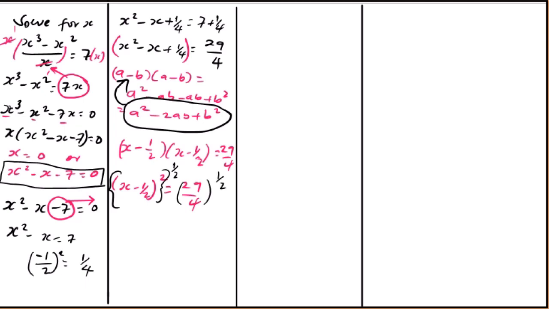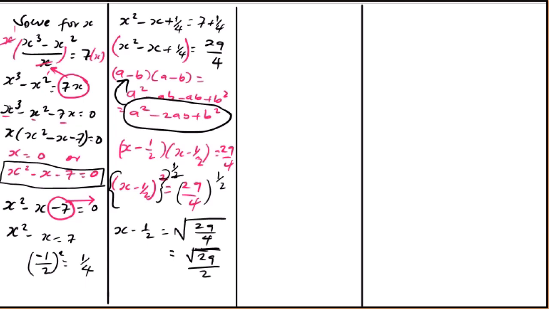So here we have x minus half equals 29 over 4 to the power half, which can be written as root 29 over 4. Which is now equal to root 29 over root 4, because there's no perfect root for 29, it can remain like that, root 29, but we have a perfect root of 4, which is 2, so over 2 here.